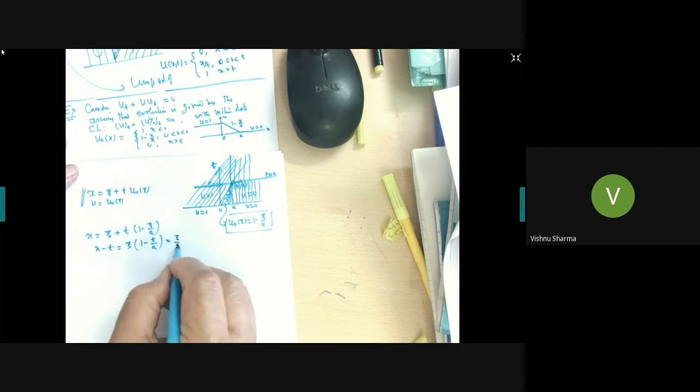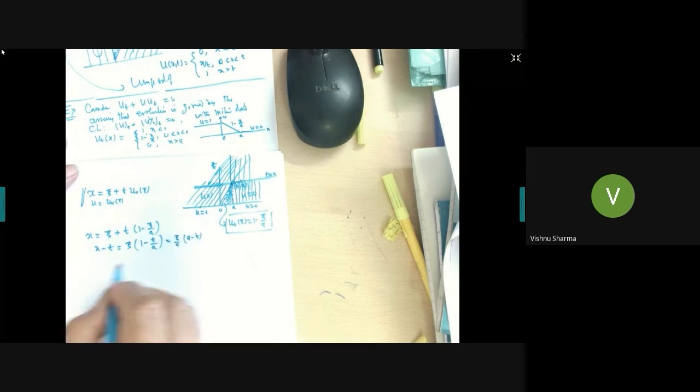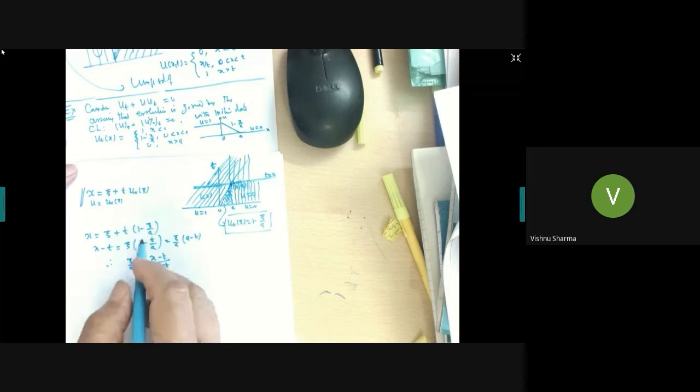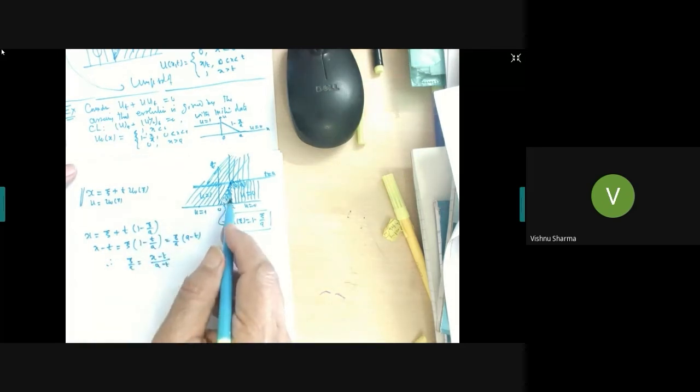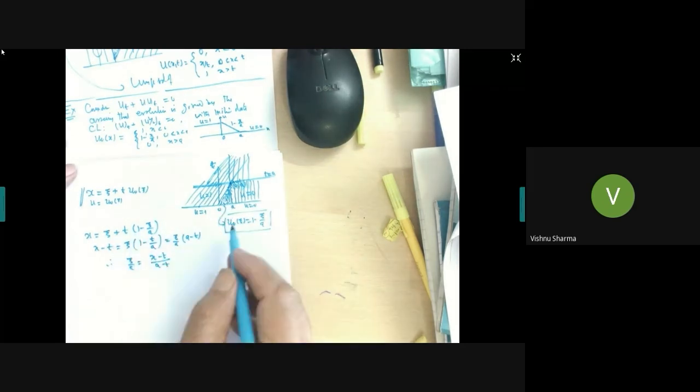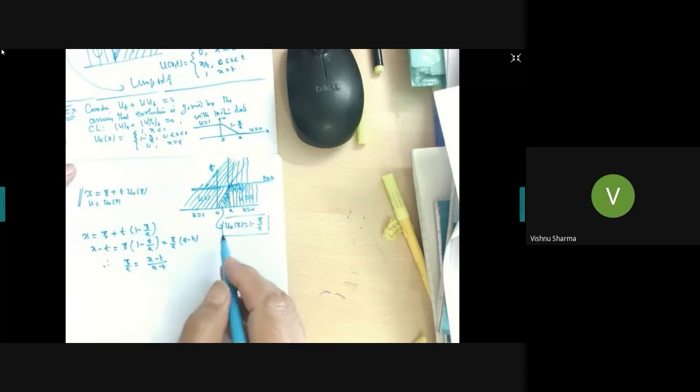We get xi by a into a minus t, and therefore xi by a is equal to x minus t upon a minus t. Xi by a is known to me, so I can write these characteristics as x is equal to t. Let me first write the solution.